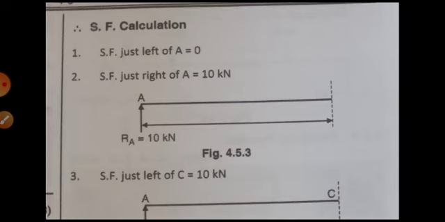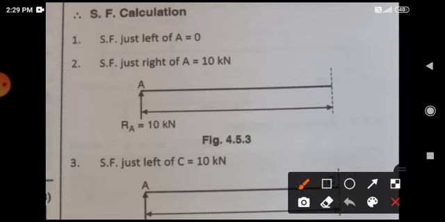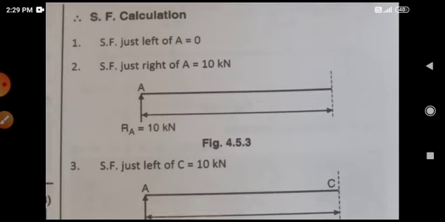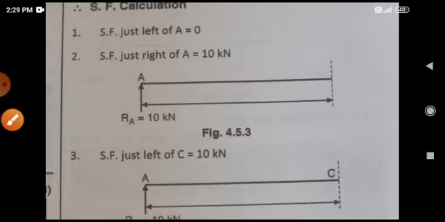Shear force, how to calculate shear forces. The section is taken at this point and the reaction is 10 kilonewton. So the shear force at just right of A, not at A but just right of A, will be 10 kilonewton.